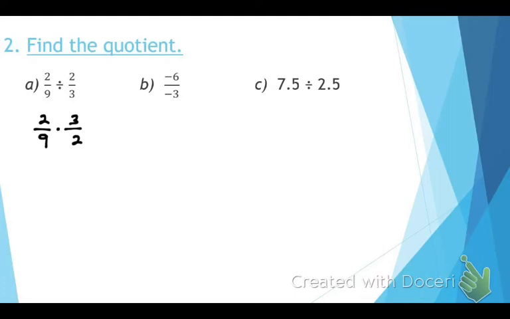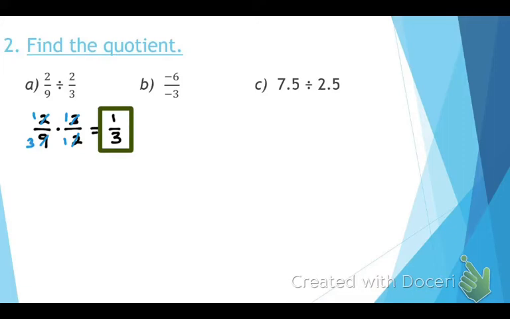Cancel out 2 and 2, and then 3 goes into 9 3 times. Very good. What do you get? 1 over 3. And that is your final answer. Nothing can be reduced because the top number is smaller than the bottom, and it's not improper.